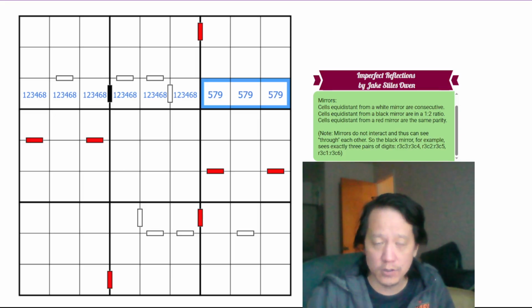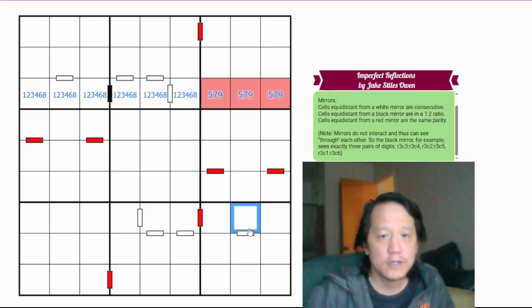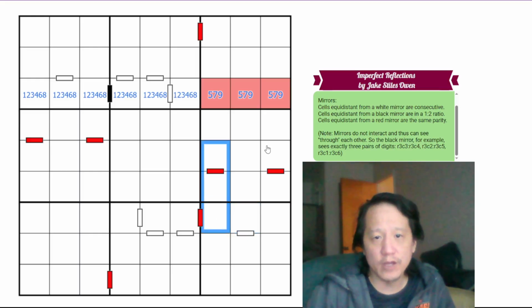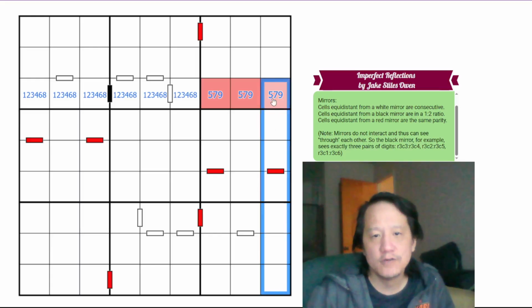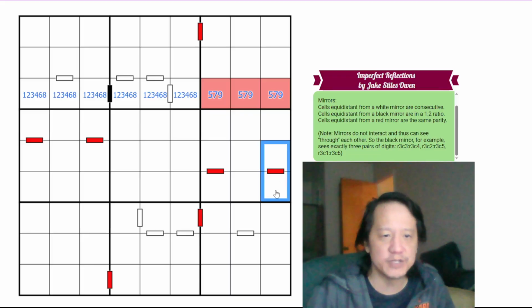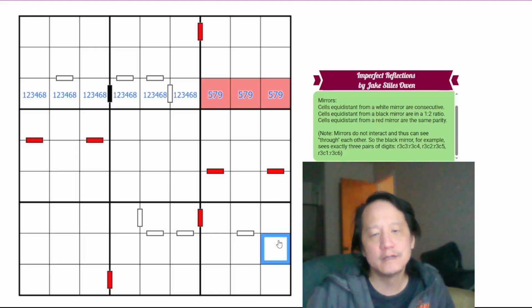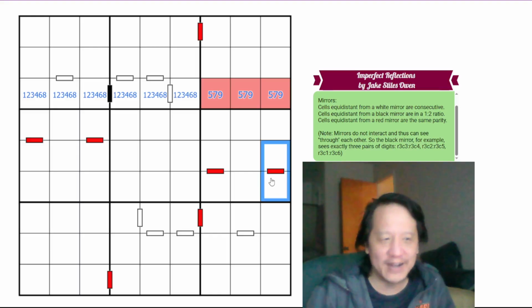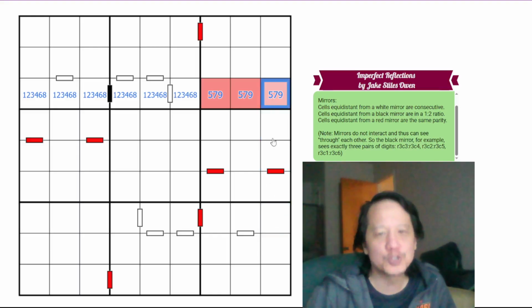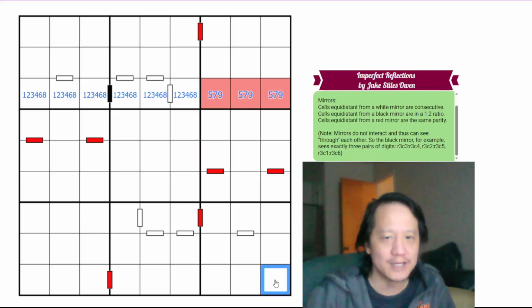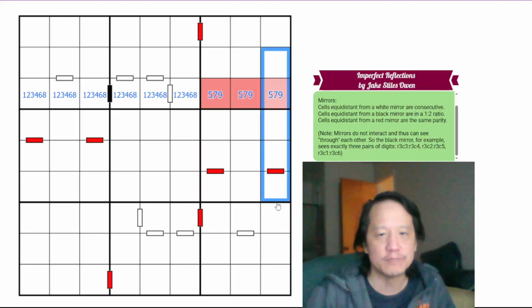Now, these are all odd. And we have parity mirrors, which mirror these two cells, which mirrors basically rows 5 and 6, rows 4 and 7, rows 3 and 8, and rows 2 and 9, because those are the equidistant possibilities for those cells.